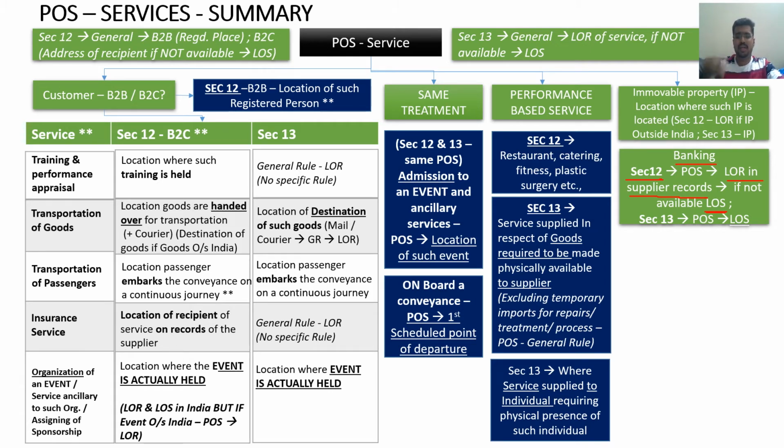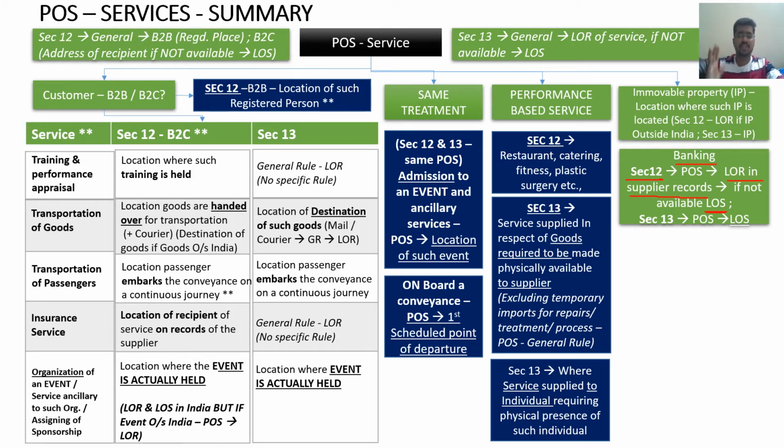That is, let's say the branch is in Nagapatnam, then they will consider Nagapatnam itself as place of supply, even though you may be coming from Bangalore, Chennai, wherever. If you are just a walk-in customer to them, place of supply will be considered as location of supplier, since the recipient's detail is not available with the supplier, right? So this is section 12.